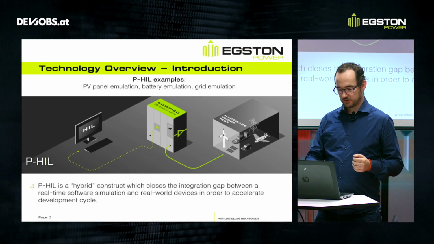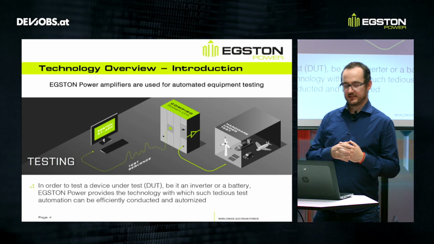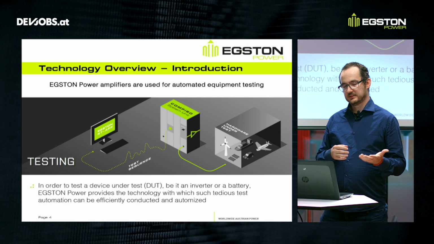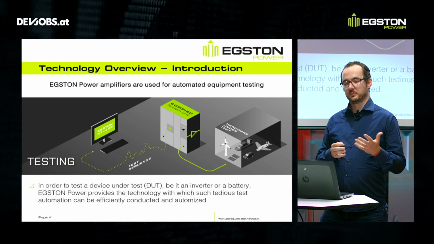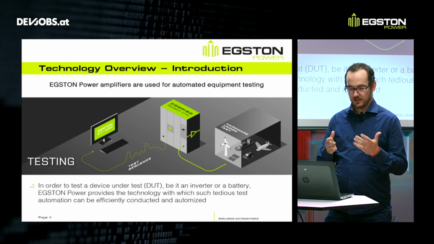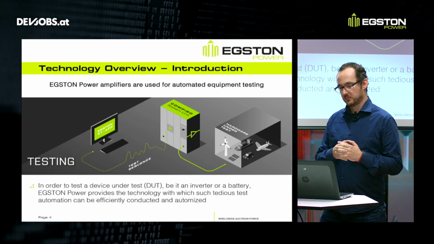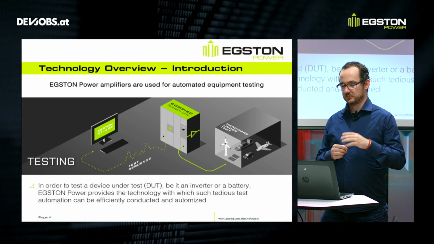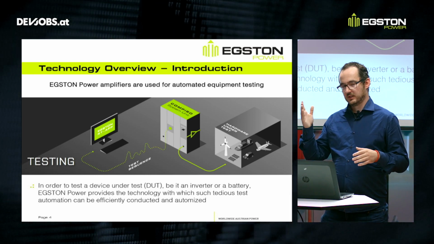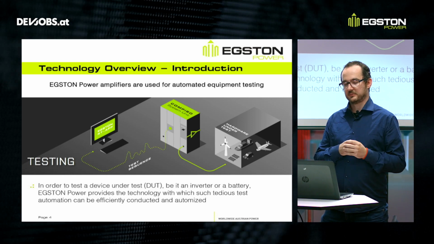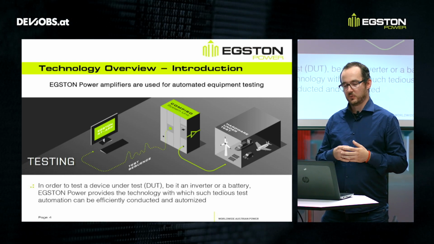We can see also that EGSTON Power amplifiers can be used in order to facilitate and speed up the automated testing of devices under test, which can be pretty much anything when it comes to AC use cases. It could be inverters, it could be systems regarding wind turbines, it could also be DC related, something like a PV panel or a battery.